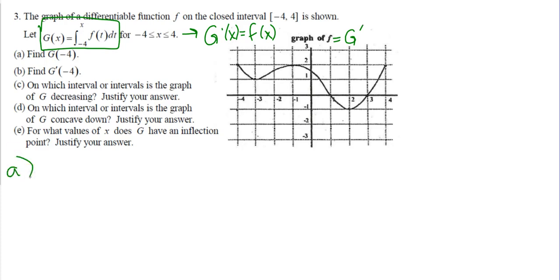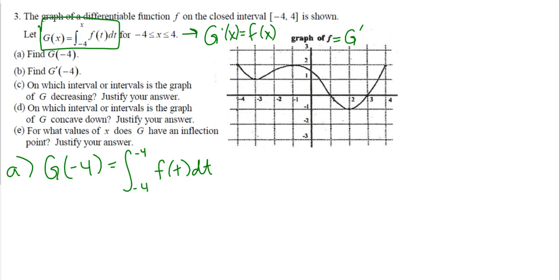So A says find g of -4. So would we use the given or derived equation? Given. We want g of -4, right? So I'm going to grab the given equation and just replace any x's with -4. So now I have the integral from -4 to -4 of f of t dt, which means typically I would come to the graph of f and find the area from -4 to -4 in this case, but have we captured any area?